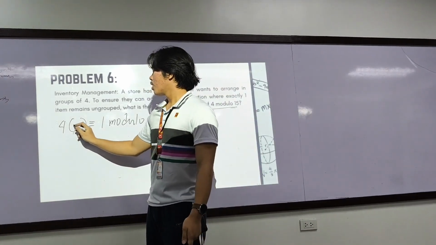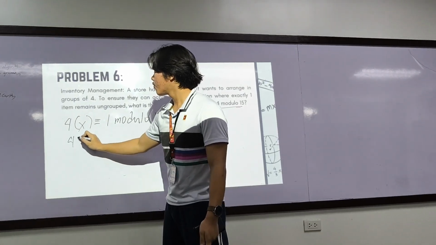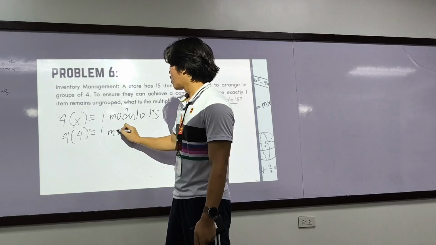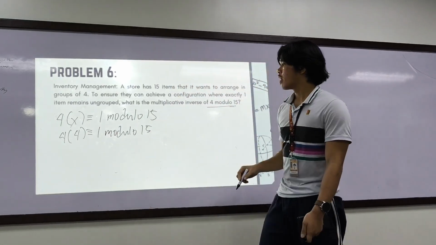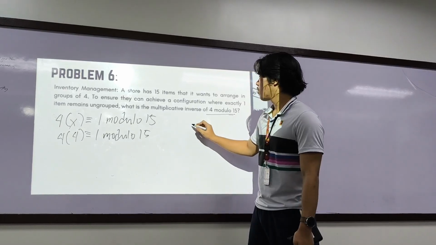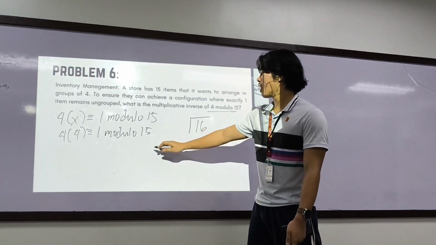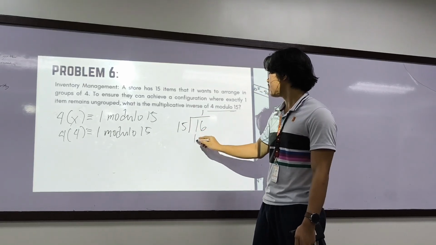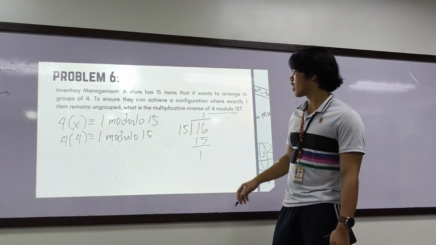So we are finding here the x, and 4 times 4 is 16, and when 16 is divided by 15, we have 1, and 1 times 15, 16 minus 15 is 1.